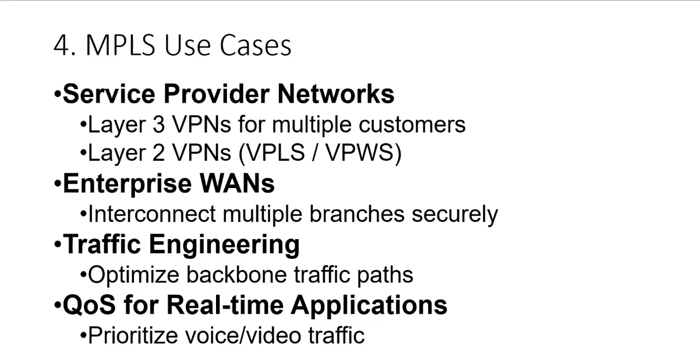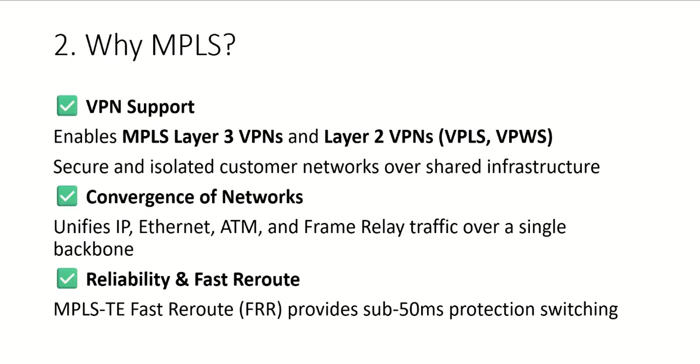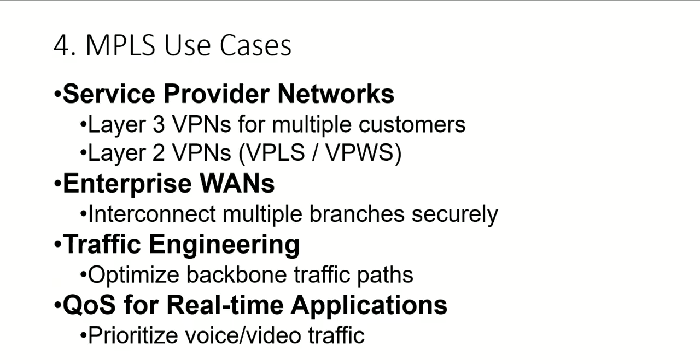QoS for real-time applications. As I already showed you on the previous page, fast reroute guarantees fast convergence, less than 50 milliseconds. That is what is said here: prioritizing voice and video traffic.